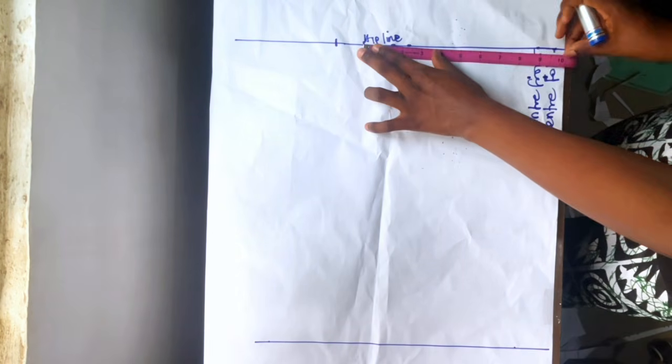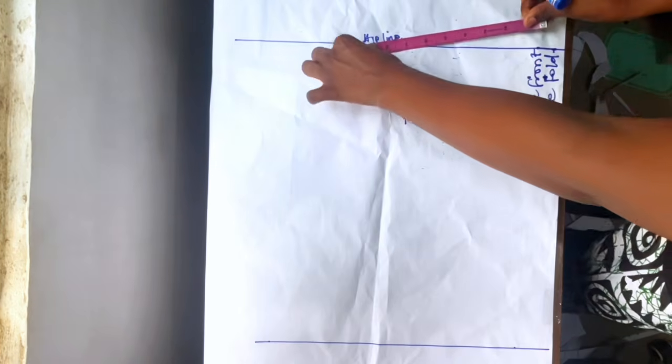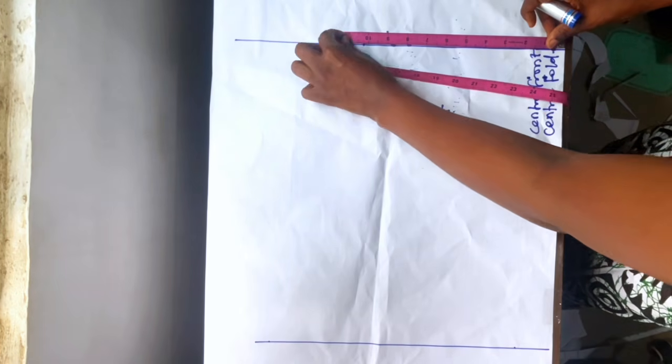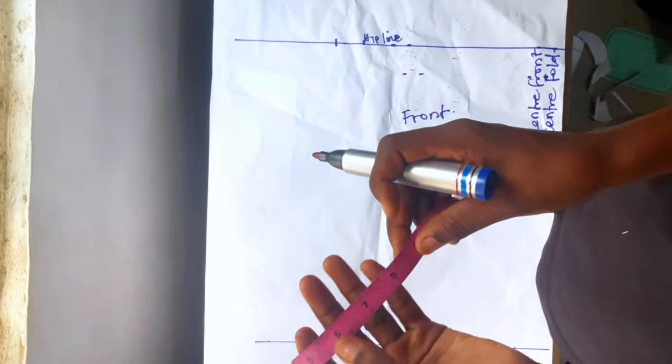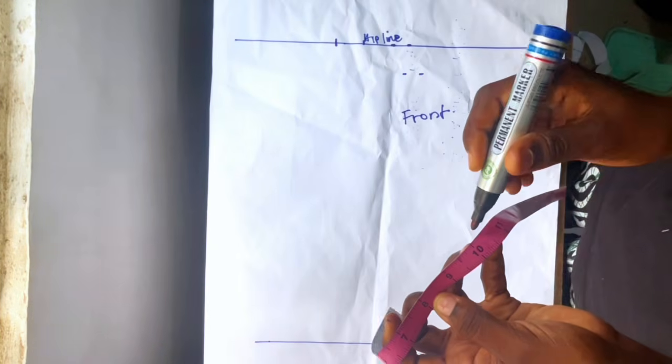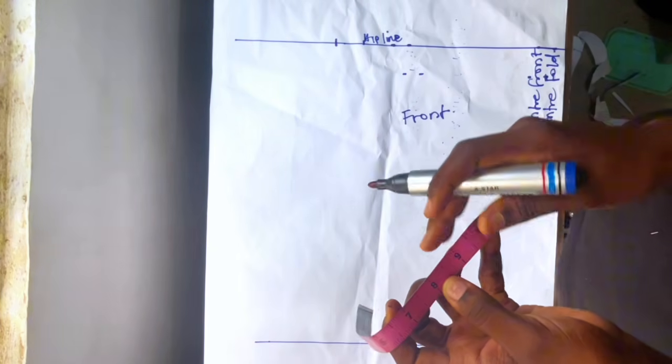Now, what you're going to do is take your hip measurement, right? Remember that we say we're measuring from here. You're going to take your hip measurement, which is 10.25, and you're going to minus 2 inches. You go back by one, you go back by another one, it becomes 8.25. So we're going to mark 8.25, and then we'll add 1.5 inch allowance to it.